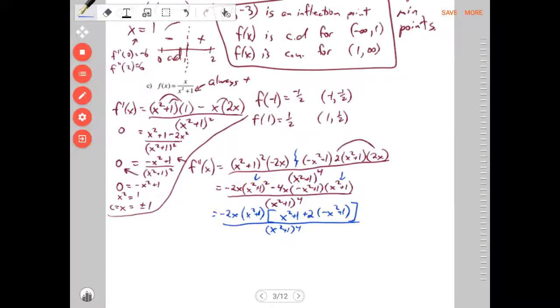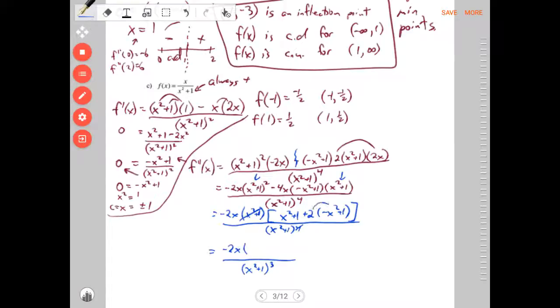Now, if you have a quick look before we even simplify those square brackets, we have an x squared plus 1 to the 4th and an x squared plus 1 on top. So one of those is going to cancel, and we're going to end up with an x squared plus 1 cubed on the bottom.